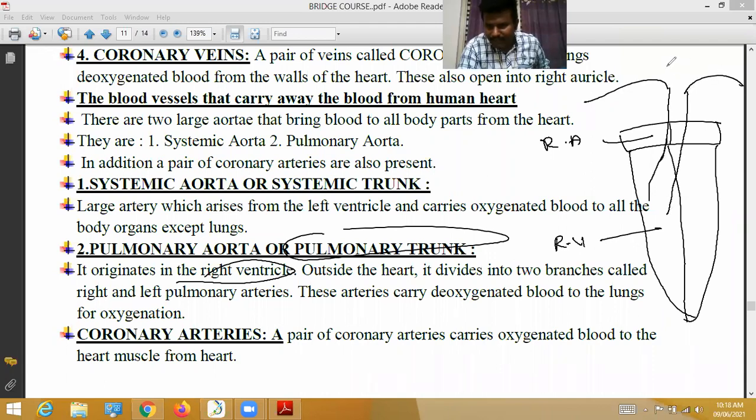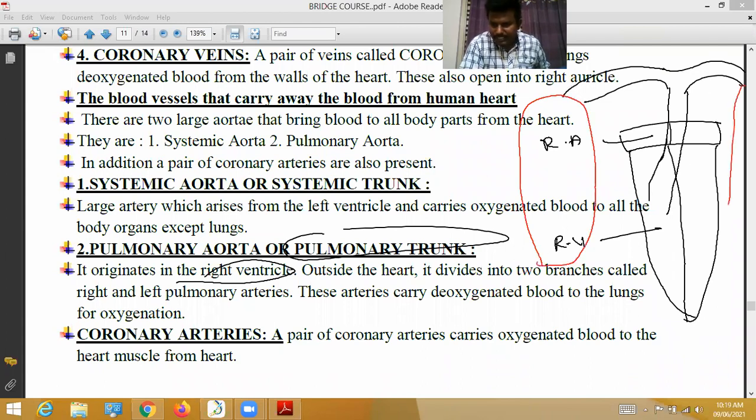Outside of the heart, it is divided into two branches: the right pulmonary branch and the left pulmonary branch. It sends deoxygenated blood to the right lung and to the left lung. Here deoxygenated blood becomes oxygenated. And from these two, the pulmonary veins open into the left auricle. From the left auricle, oxygenated blood enters the left ventricle.